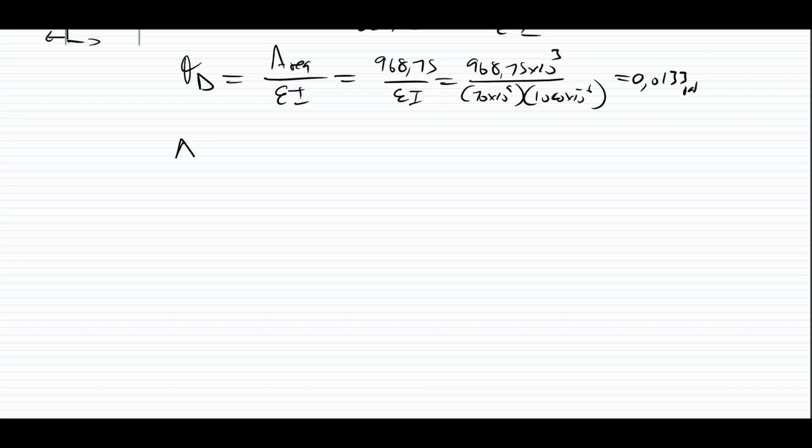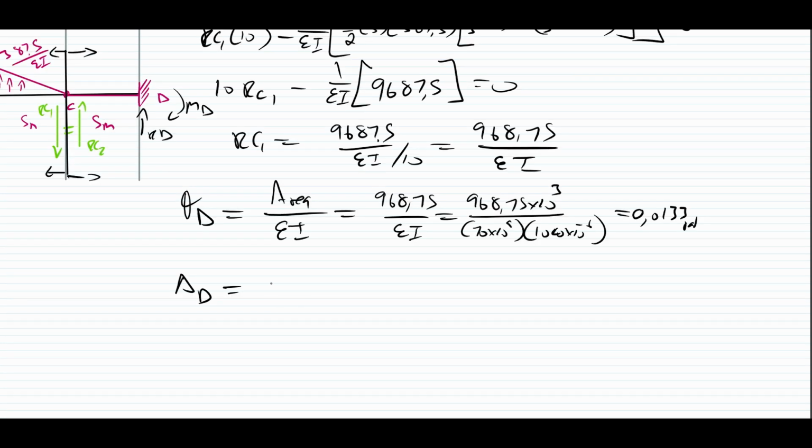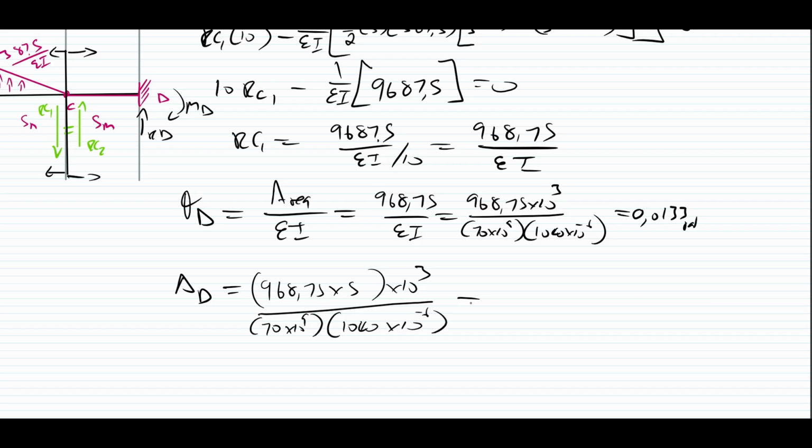Now let's find our deflection at D, which is 968.75 times our distance, which is 5, and then times the conversion, divided by 70 times 10 to the 9 times 1040 times 10 to the minus 6, which gives you 0.06654 meters.